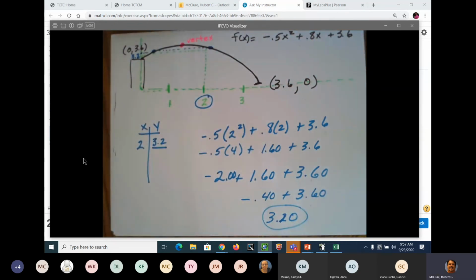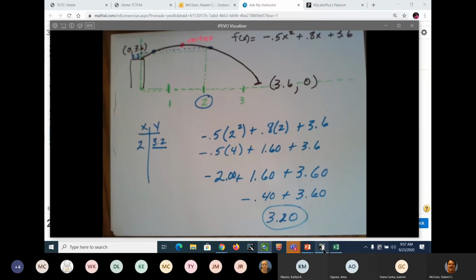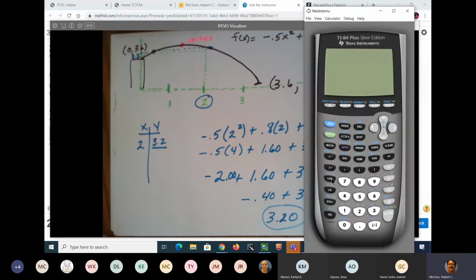So you can do this with the calculator, or you can set f of x equal to 3.7. I'm going to use the calculator because that's the easiest way to do it. First of all, turn stat plot off.